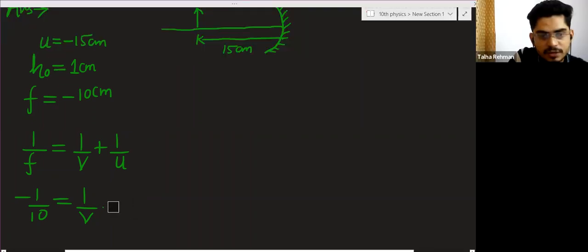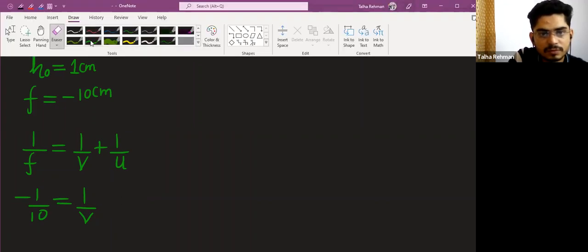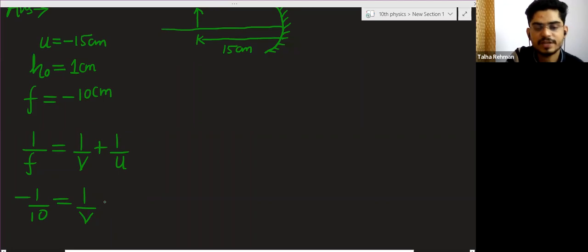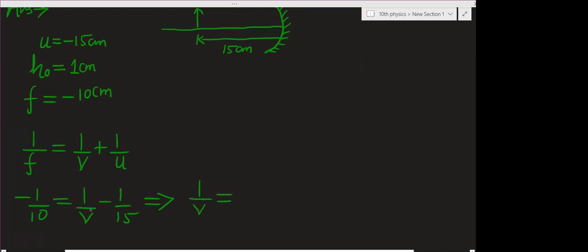Have you understood now? This is just a very easy calculation. So I will take here minus 1 by 10 and minus 1 by 15. If I solve this, I will get 1 by v is equal to 1 by f minus 1 by u.